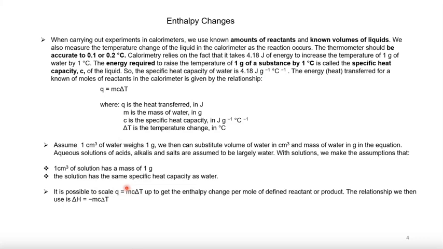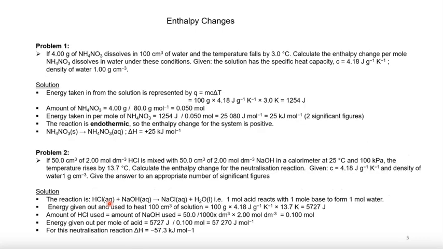For the enthalpy change per mole of a defined reactant or product, the relationship we then use is enthalpy change equals minus m c delta T. Okay, we go to a problem. By looking at these problems, we will understand how we measure and calculate enthalpy changes.